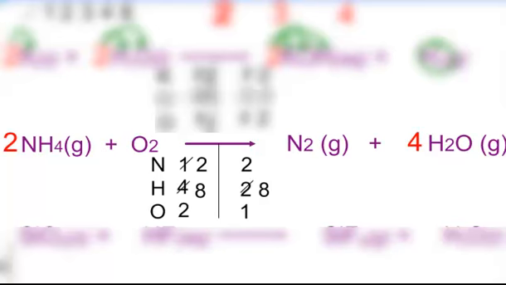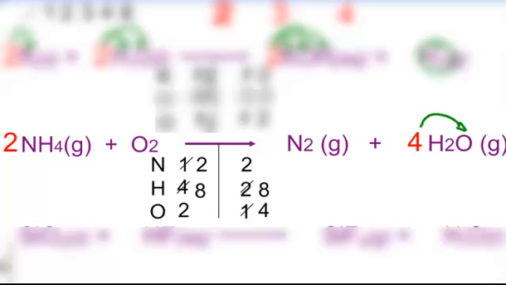And it also tells us 4 times 1 will give us 4 oxygens. So let's go ahead and change our chart. All right, so now we have 8 hydrogens and 4 oxygens, but our reactant side is wrong now.